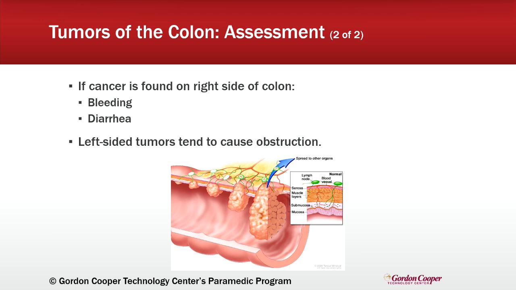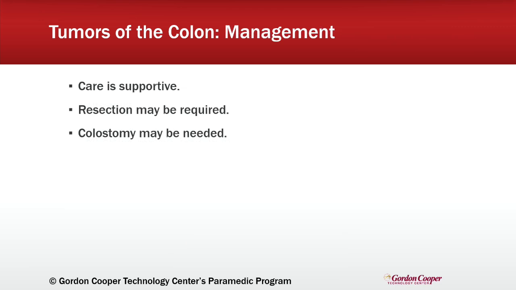If the cancer happens to be found on the right side of the colon, patients often experience bleeding and diarrhea, whereas tumors on the left side are more likely to cause a bowel obstruction. Pre-hospital care, again, is going to be supportive. They're probably going to require some sort of surgical resection of the colon for an ultimate treatment. In some cases, a colostomy may be required as well.